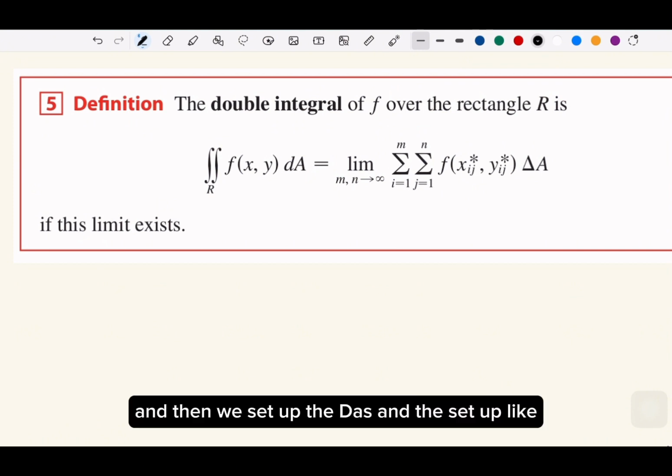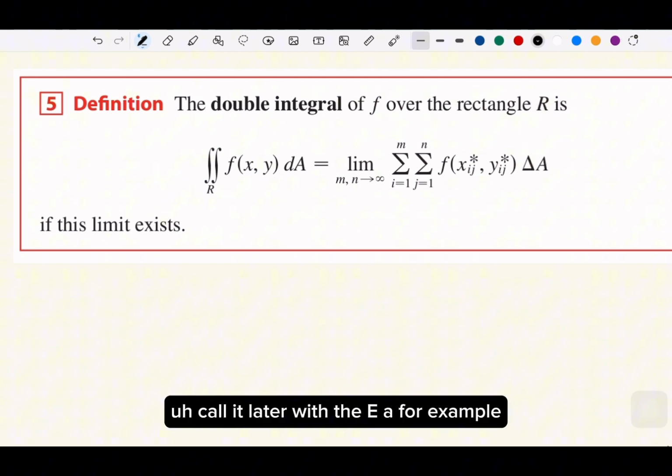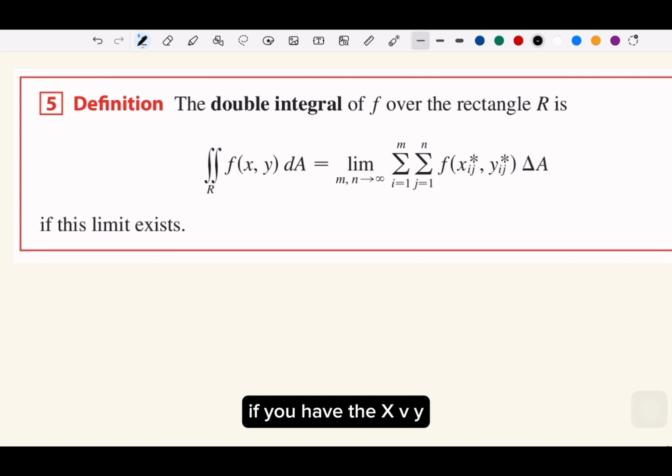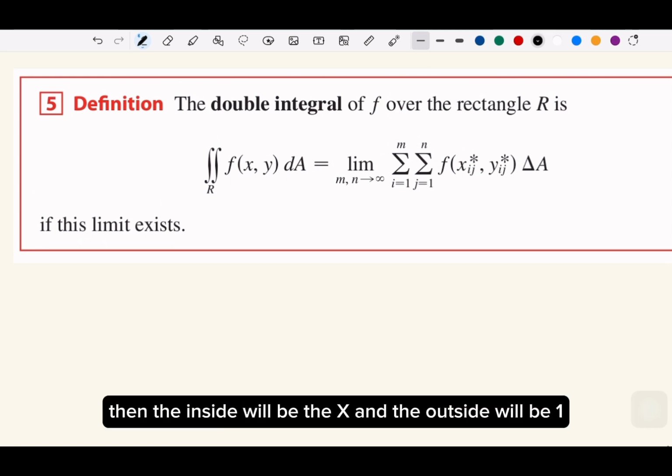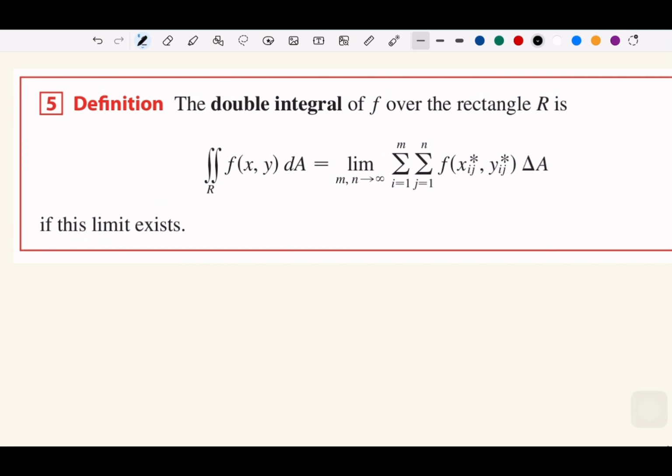And then we set up the dA as this delta A, and we can set up dx dy or dy dx, and this should be correlated with the dA. For example, if we have dx dy, then the inside will be x and the outside will be y. I will show you in the later part.